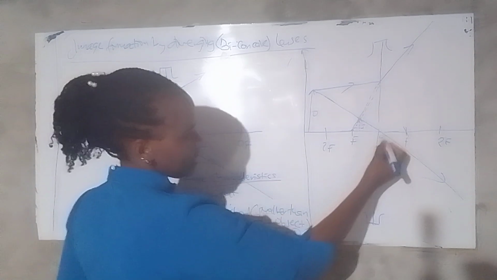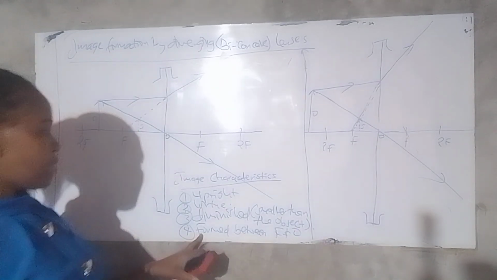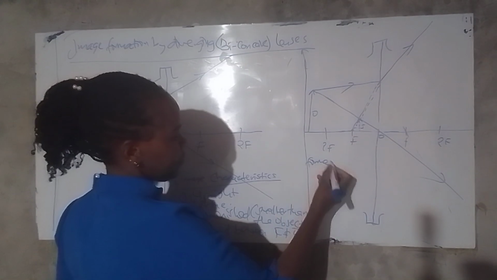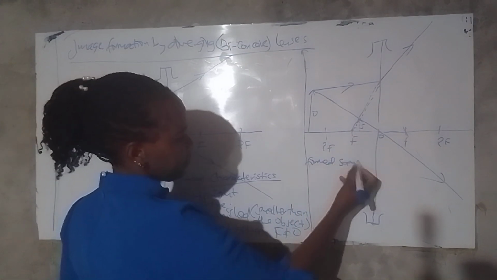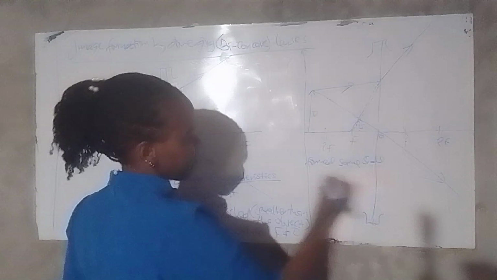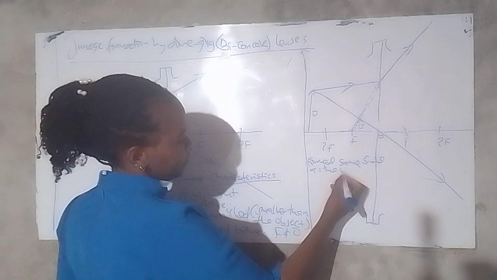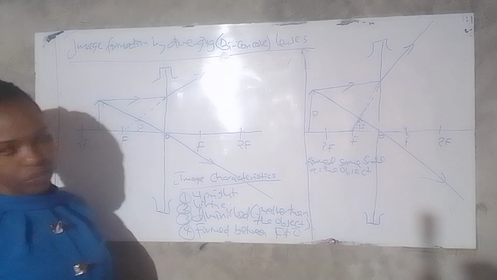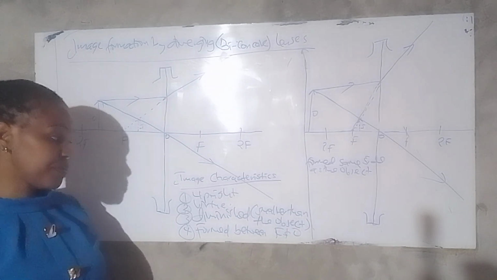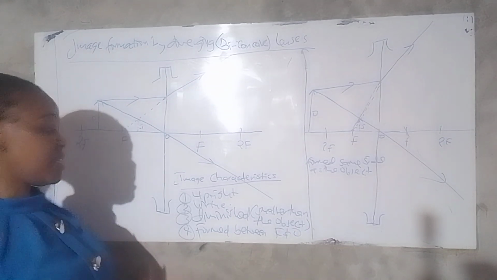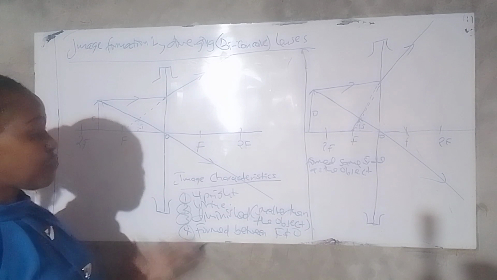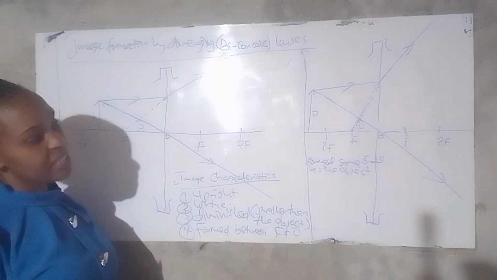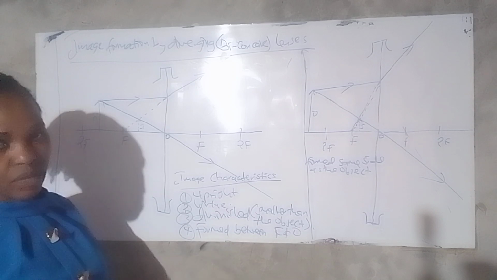And something else maybe we should add is that it is formed on the same side as the object. Okay, it is virtual, it is upright, it is smaller than the object, meaning it's diminished. It is formed between the principal focus and the optical center. And finally, it is formed on the same side as the object.